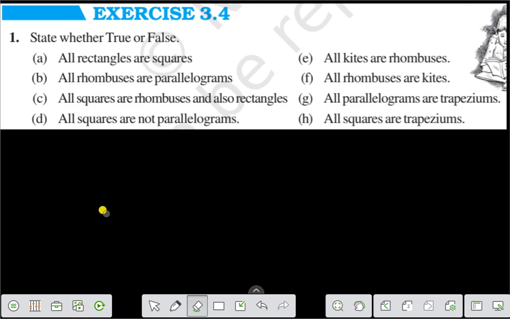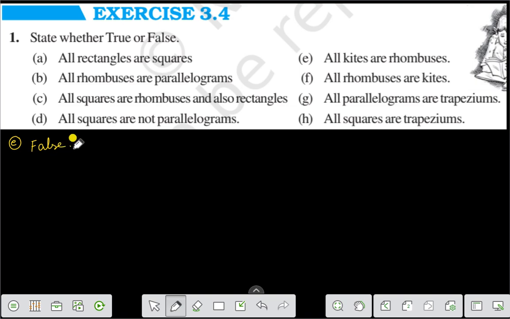Question number E is all kites are rhombuses. That is false.